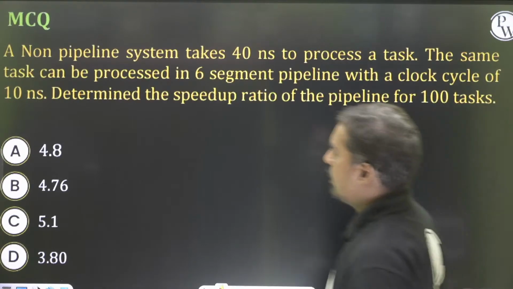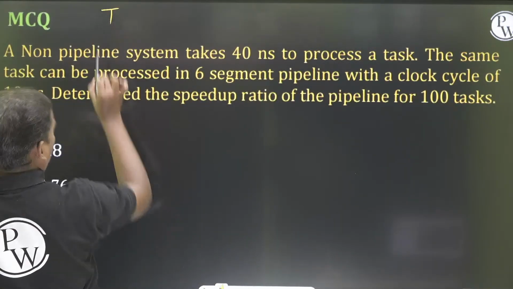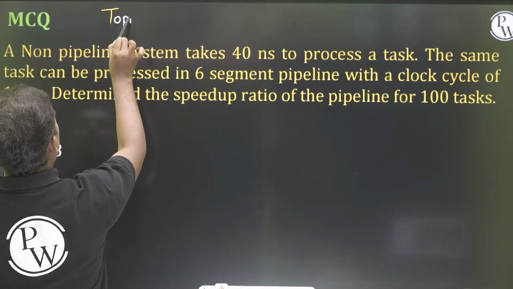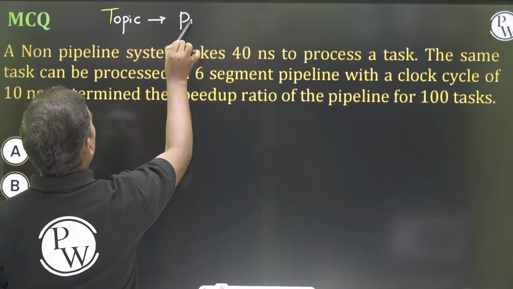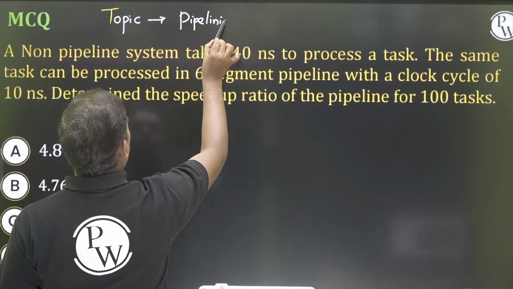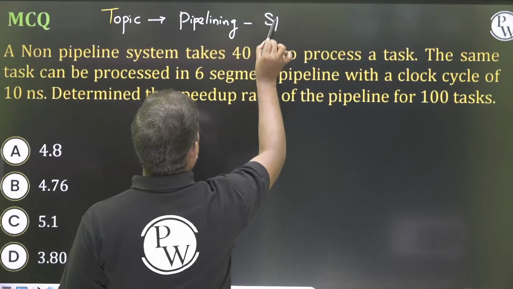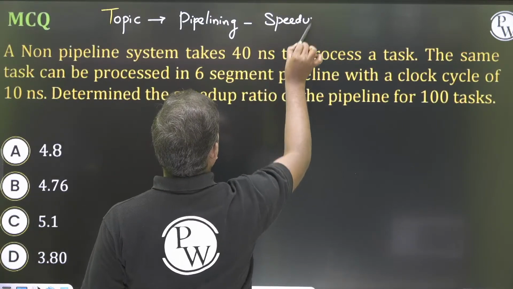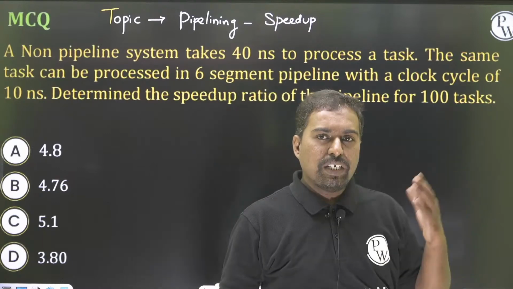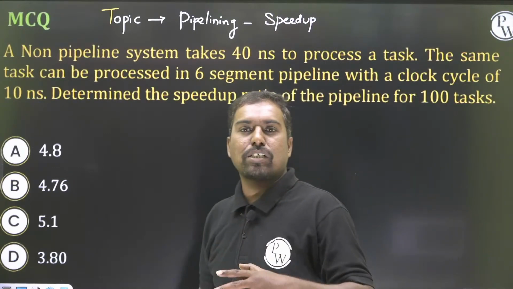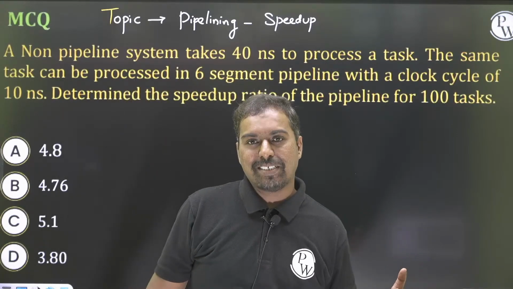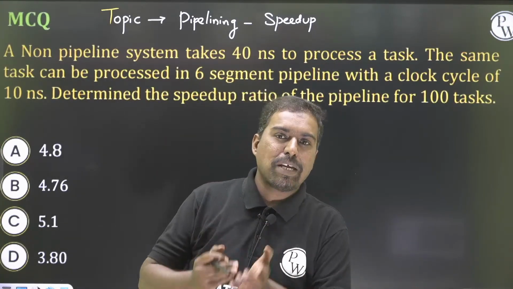This question is again on the topic of pipelining, because pipelining is one of the areas where more questions can be expected. This question is on pipelining speed up ratio. Compared to a non-pipelining system, a pipelining system will definitely execute things faster, so the speed will be improved.